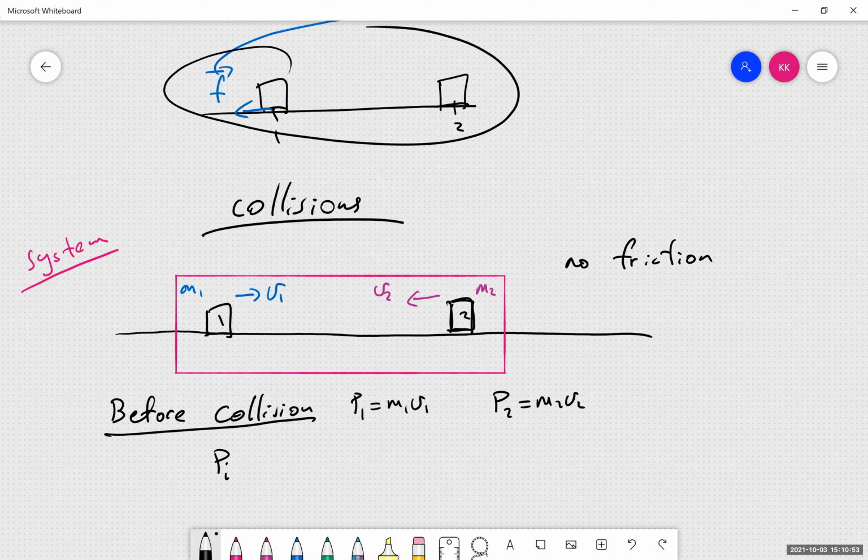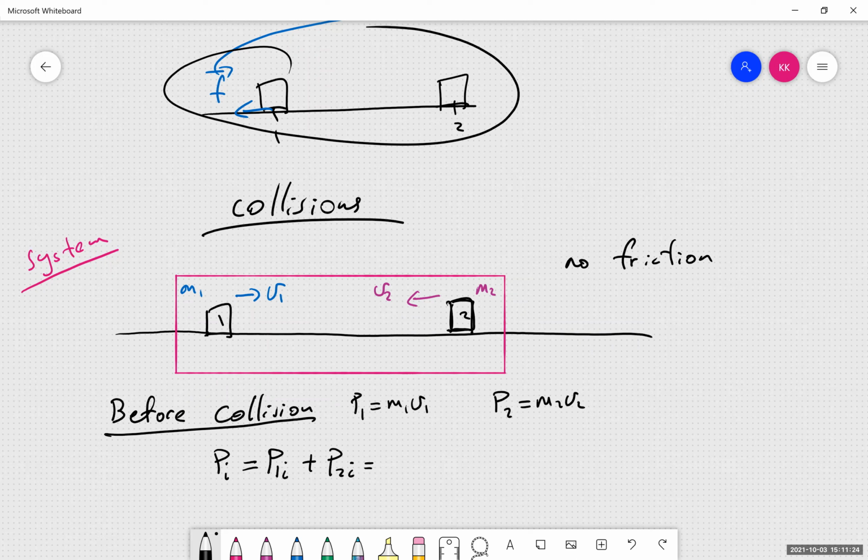This P_I without subscript 1 or 2 represents the momentum of the system before collision. It equals the momentum of object 1 before the collision plus the momentum of object 2 before the collision. In order to calculate the total momentum of the system, I take the momentum of object 1 and object 2 and add them together.